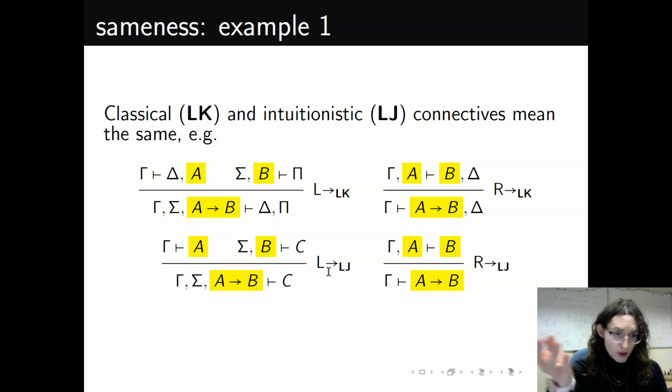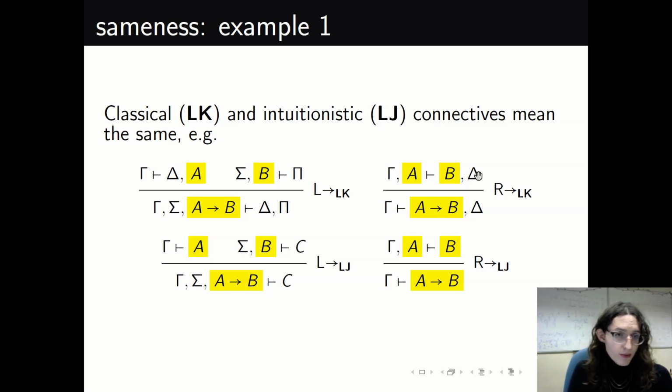How come? Look here, for example, at the conditional rules for LK first and then for LJ. Or we could just use any other connective, and we'll see those rules have the same active formulae, right? So the LK rule has in the first premise an A on the right, a B on the left, and the left LJ rule has an A on the right in the first premise and a B on the left in the second premise.